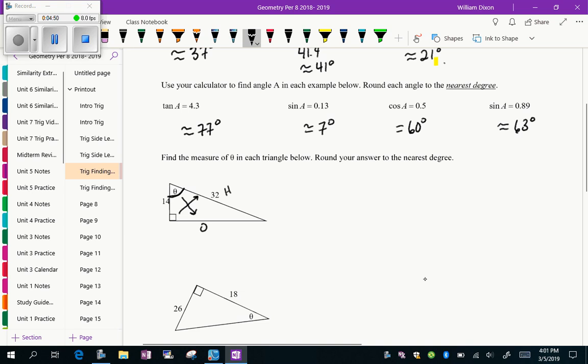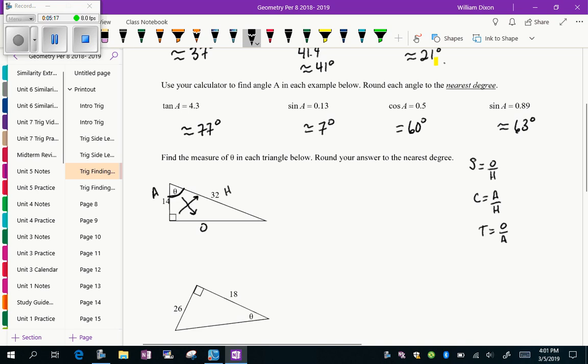And 14 is going to be my A, or adjacent. Even before I set this up, I'm going to write on the side: sine equals O over H, cosine equals A over H, and tangent equals O over A. Now I can start to work.